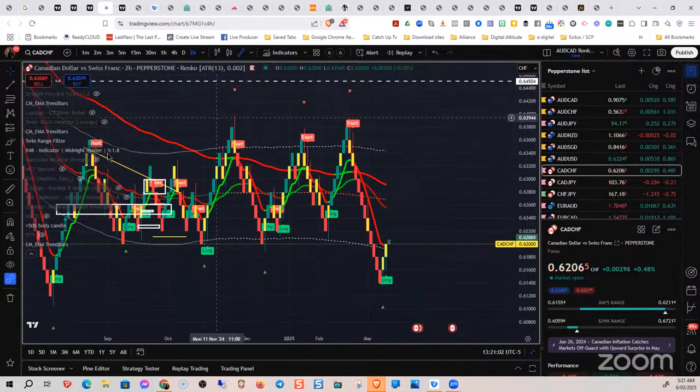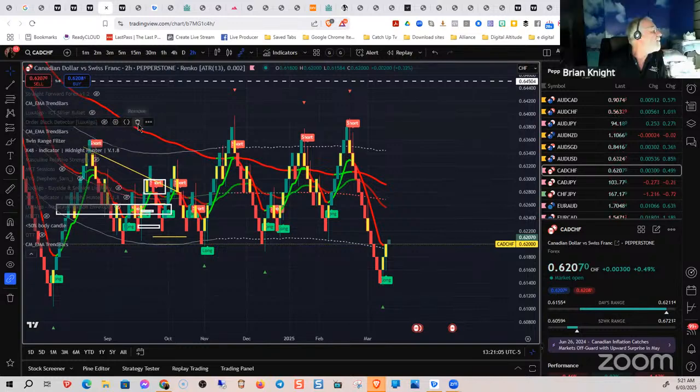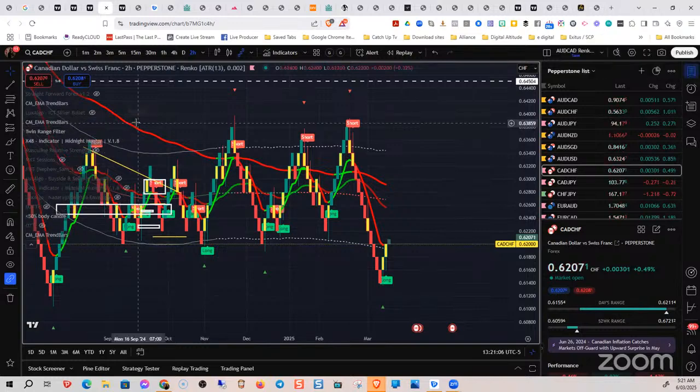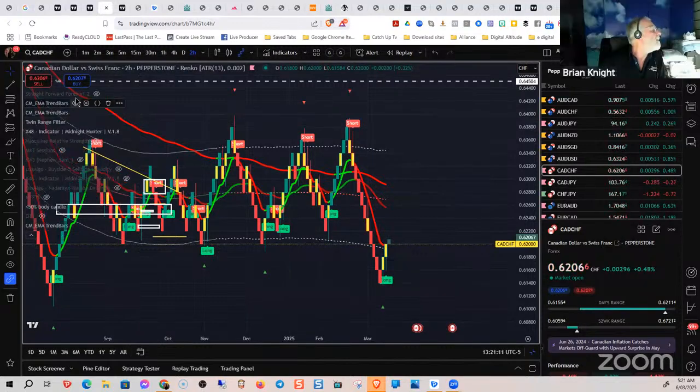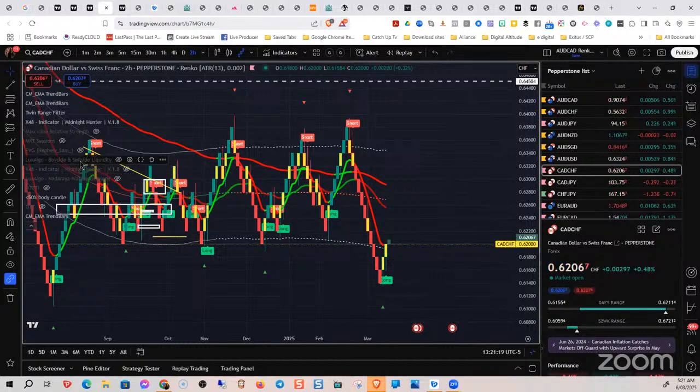Order block detector. Which one? This one. Yeah, we don't need that. Silver bullet, don't need that. Straightforward, we don't need that. You don't need that relative strength chart.